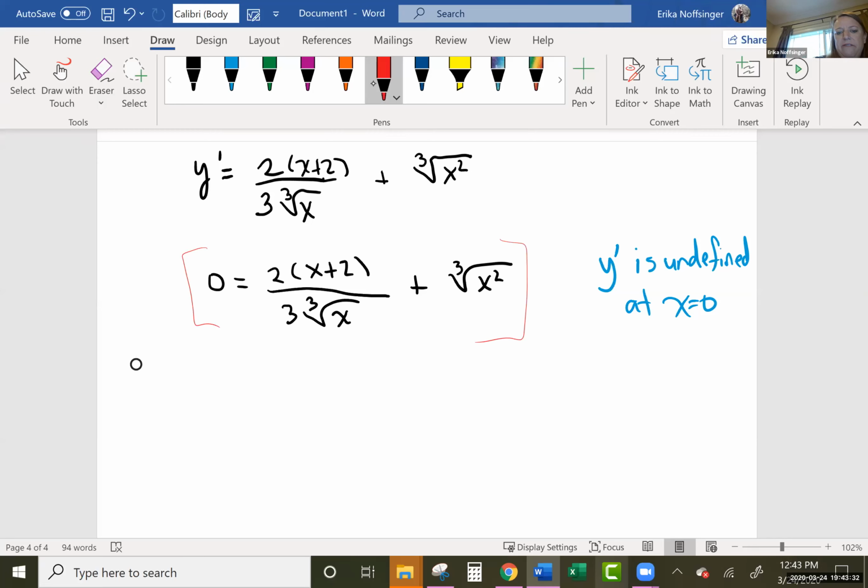Let's clear our fractions, and we can multiply everything through by 3 times the cubed root of x. When we multiply that by 0, we get back 0, is equal to, when I distribute it to the right-hand side, that clears my fraction. I'm going to distribute my 2, so this gives me 2x plus 4.